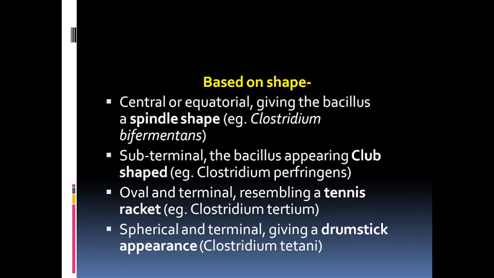Next, based on the shape, the endospores are classified. Central or equatorial, giving the bacillus a spindle shape, for example Clostridium bifermentans.